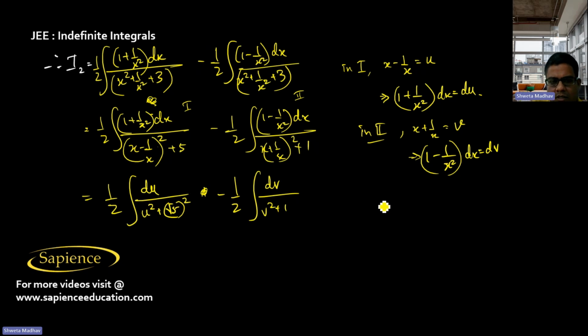Now we know that integral dx by x square plus a square is given as 1 by a tan inverse of x by a plus c.